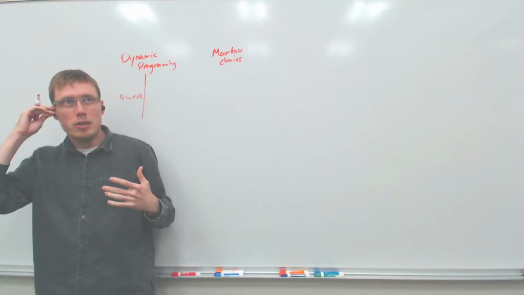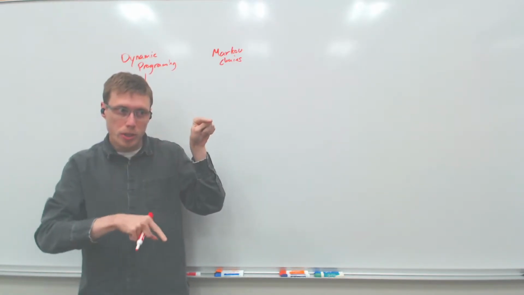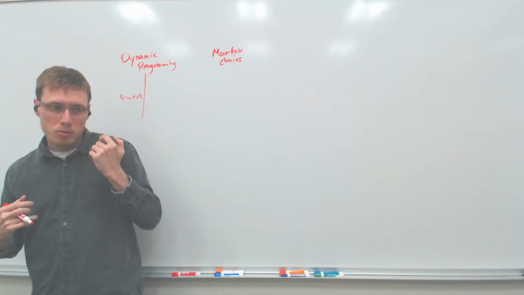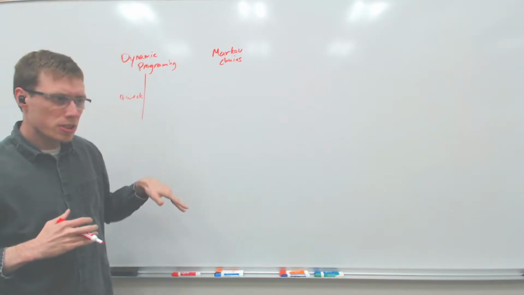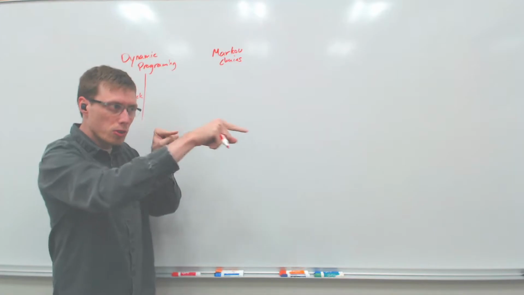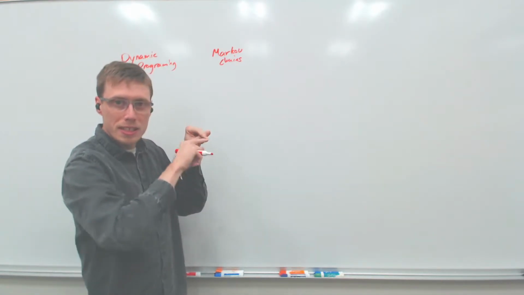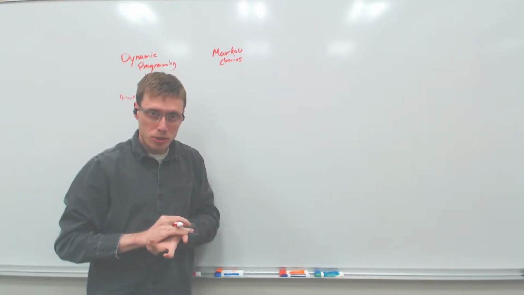This is more like the Fibonacci, where you were just forced through it, and there were no decisions to be made, which is what we had in dynamic programming. Here, you don't just go to one state. Instead, there are multiple different states that you can go to, and it's just random chance which ones you go to.